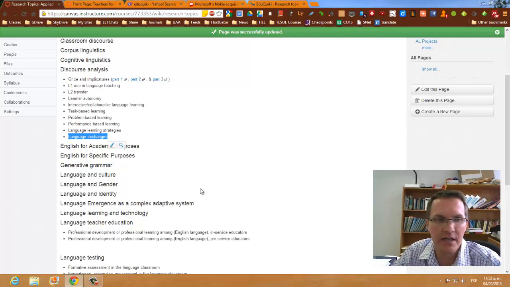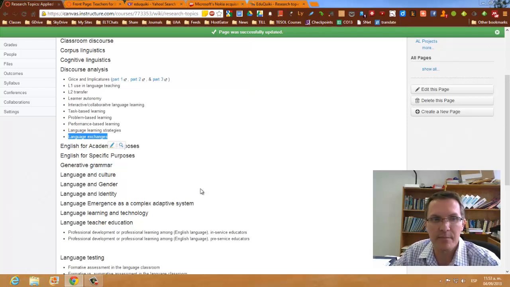So they have a one hour class with maybe a group from the United States who are learning Spanish, and they divide up their time, typically half speaking in English, the other half in Spanish, so that the learners have an opportunity to not only practice the target language, but also help their partner learn their target language as well. This is one example of a language exchange that you could conduct research in.